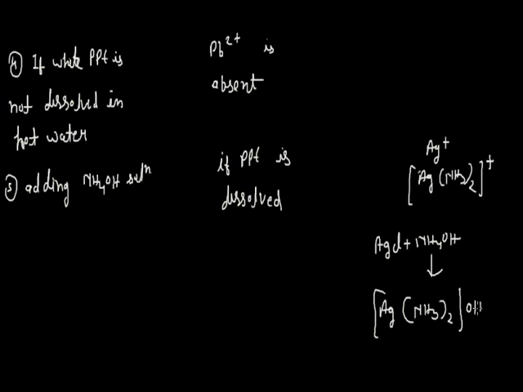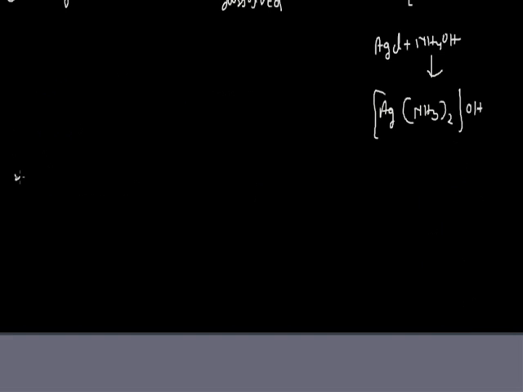So due to this formation of complex, the PPT of AgCl is soluble. Now if we are adding dilute HNO3 in the soluble precipitate, then again white PPT of AgCl comes out, which confirms Ag+.